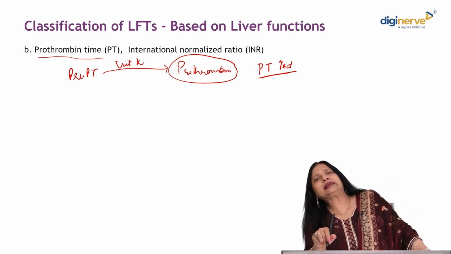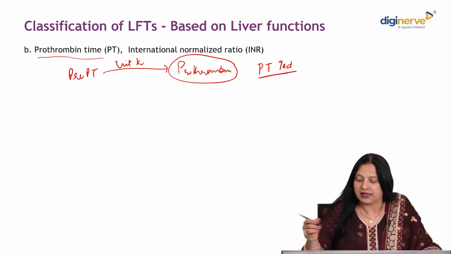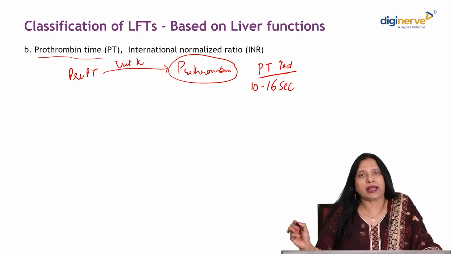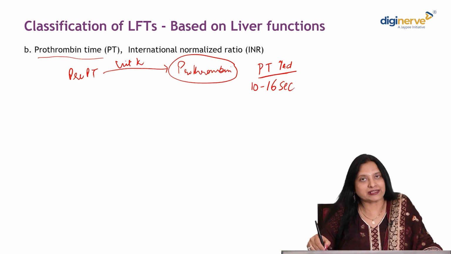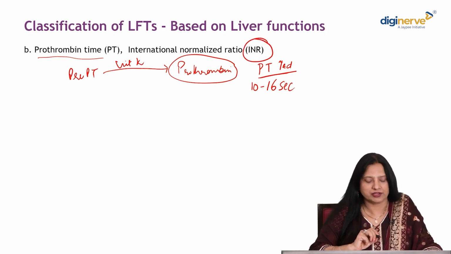So what is this prothrombin time? It is basically the time taken for clotting to occur in citrated plasma, to which thromboplastin and calcium are added. This prothrombin time normally is 10 to 16 seconds. Another way to express prothrombin time is by way of INR. What is INR?